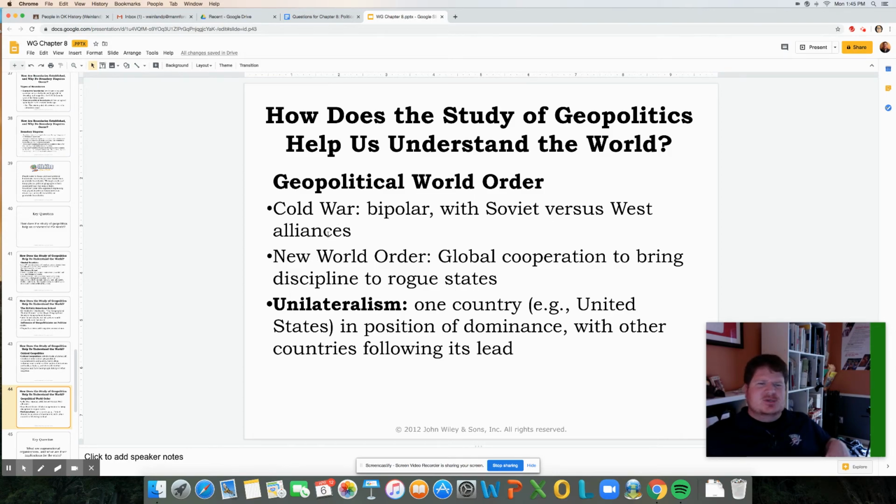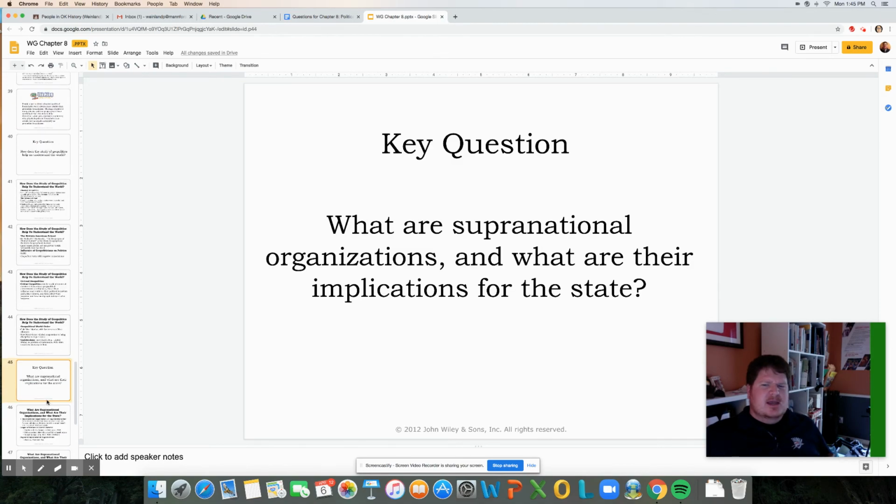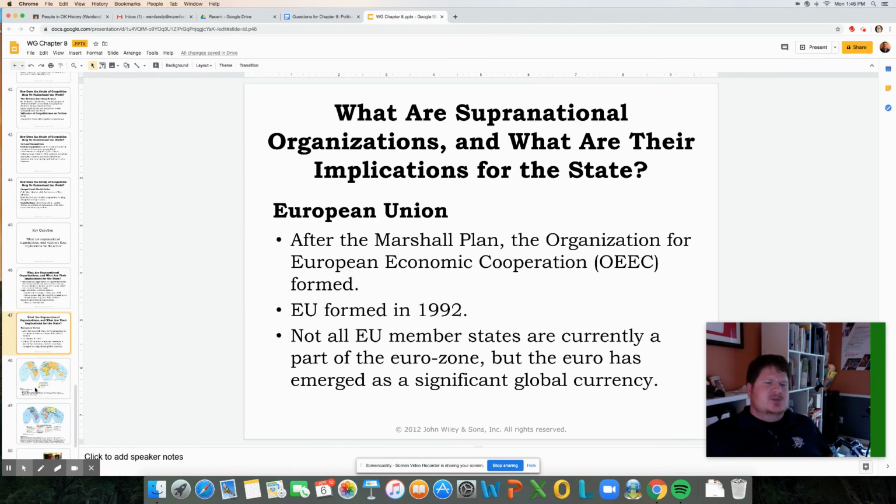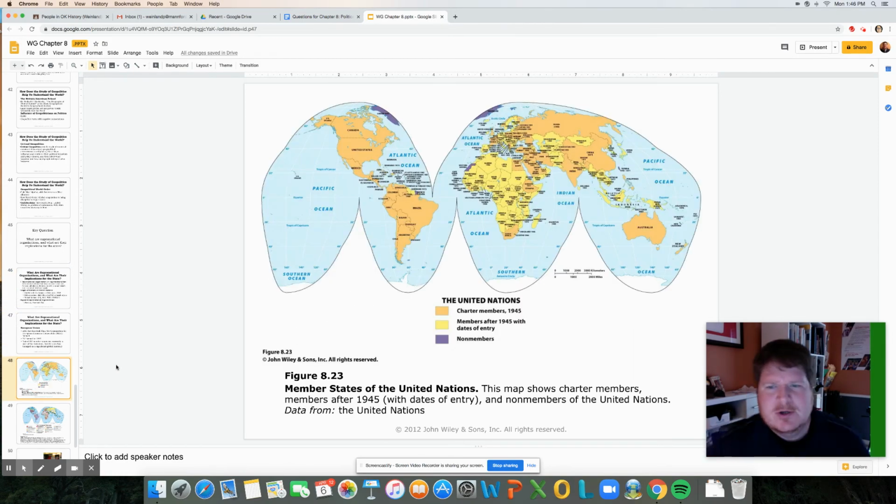We had Soviet versus the West Alliance, New World Order, which was created by the Bush administration, H.W. Bush, to kind of bring all the nations together. And we've seen over the years us try to build organizations up like the League of Nations or the United Nations to help kind of bring these countries together and ultimately be on a good level to where we don't go into war. So it just comes down to really the leaders and the things they establish in order to protect the countries that they live in.